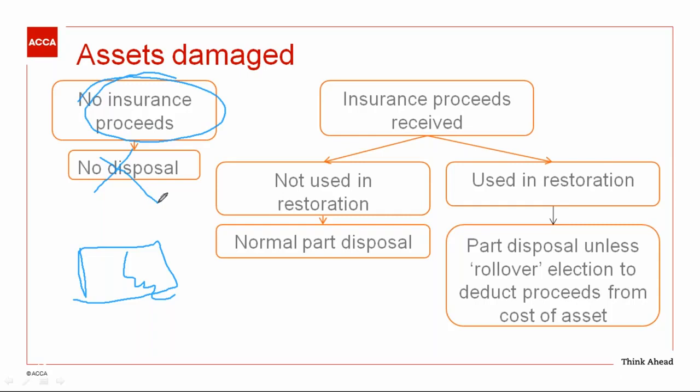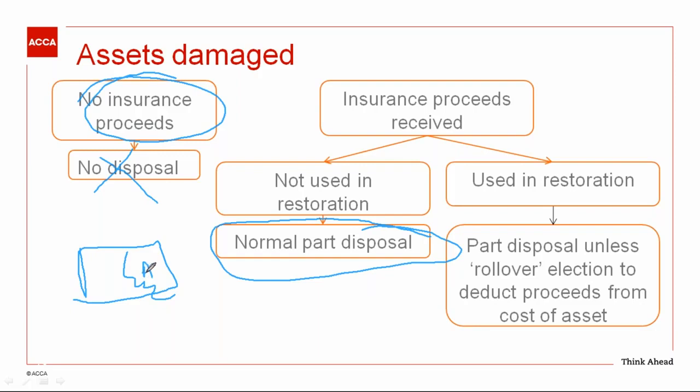But if the damaged asset is insured and you receive insurance proceeds, in that case, you need to consider it as a chargeable disposal. However, your chargeable disposal computation should be similar to a part disposal computation. Now, the painting is damaged.